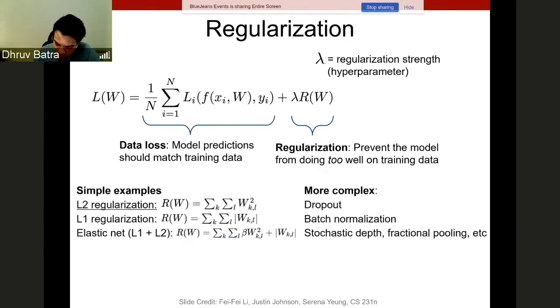We talked about the simplest sort of regularizers, penalizing the L2 norm of the weights or the L1 norm or a combination. We will talk about some other things like dropout and batch normalization later in this class, but you will keep meeting this idea of doing things that prevent your model from doing too well on training data repeatedly in deep learning.